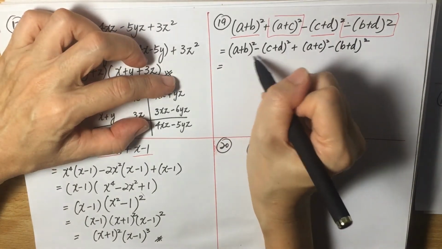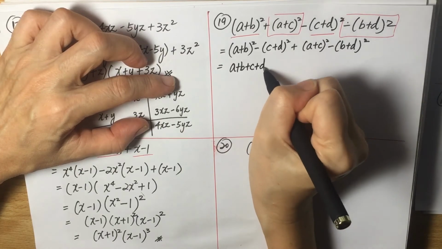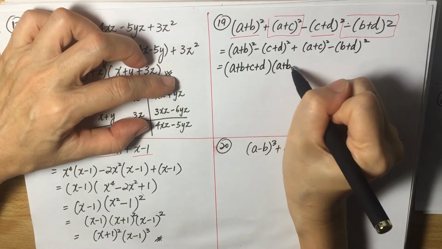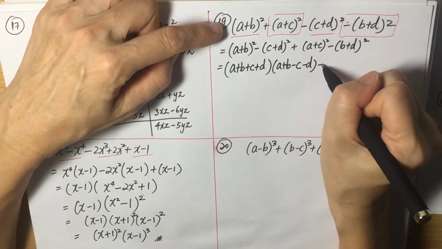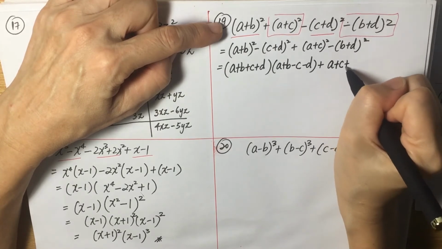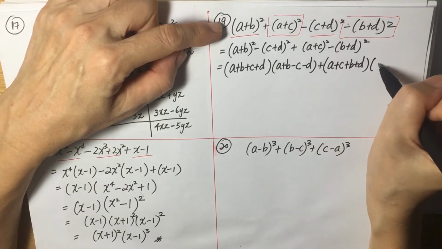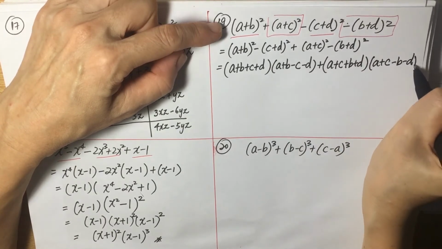So here I combine, I get (a plus b plus c plus d) and then (a plus b minus c minus d). Same for this one, I'm going to have (a plus c plus b plus d), the sum, and then the difference, (a plus c minus b minus d).